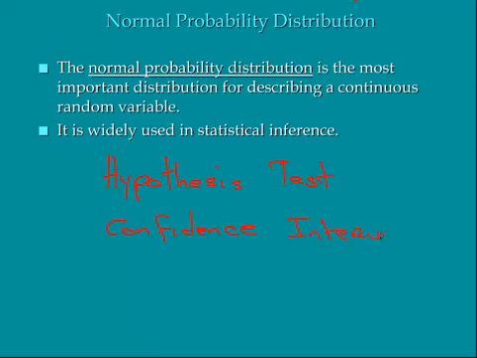So it's quite important to have a good understanding of the normal probability distribution before all of this: hypothesis tests, confidence intervals, and p-values. Let's look at a few quick examples of where we might use it.